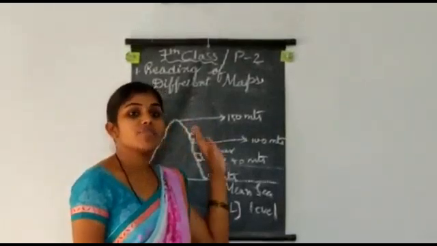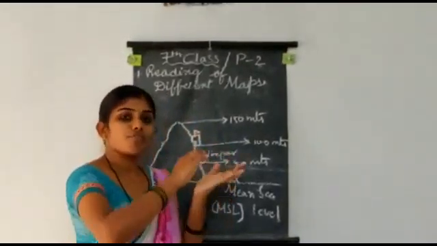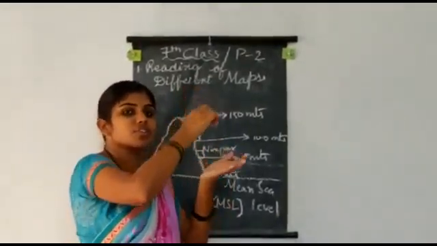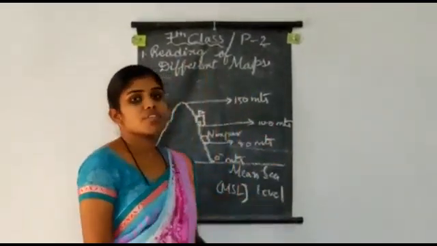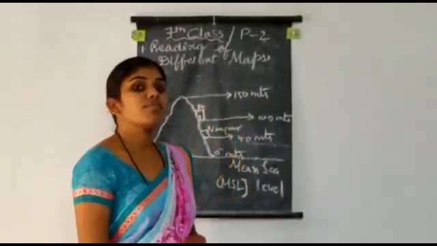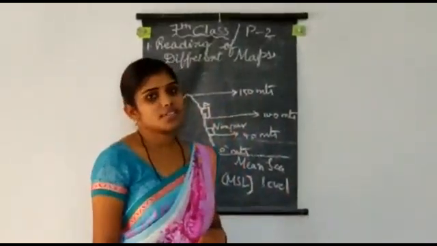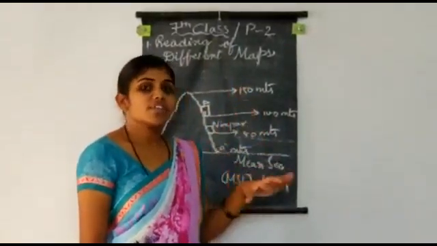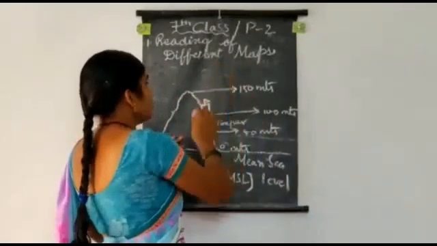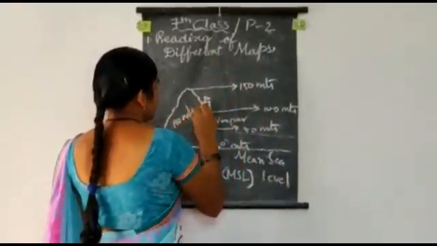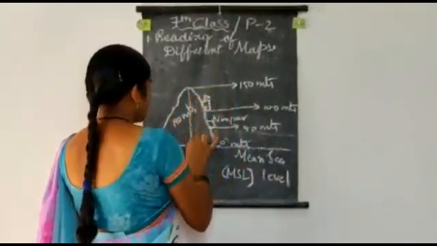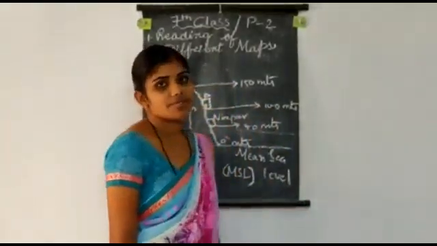After the temple also we are measuring, until we reach the top of the hill. The final measurement of the whole hill is 150 meters. This hill height is 150 meters.